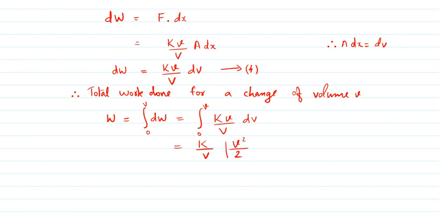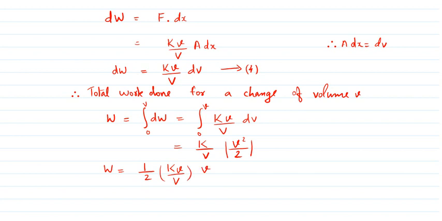This is the value, and we can write W equal to half, and take this half outside, kV, split this V square into v into v, kV v divided by capital V, and this is 1, and small v.